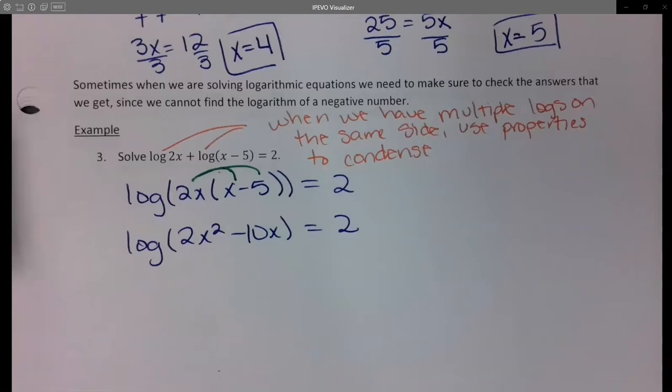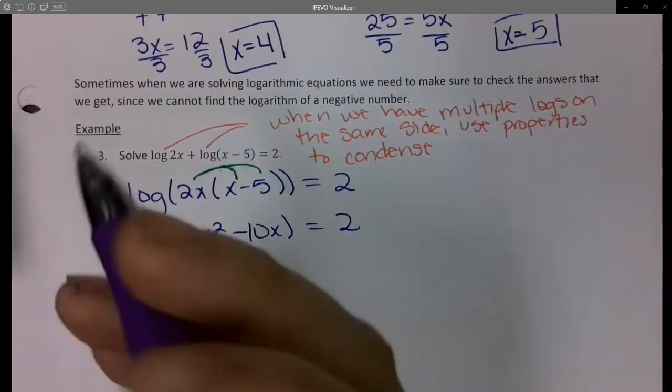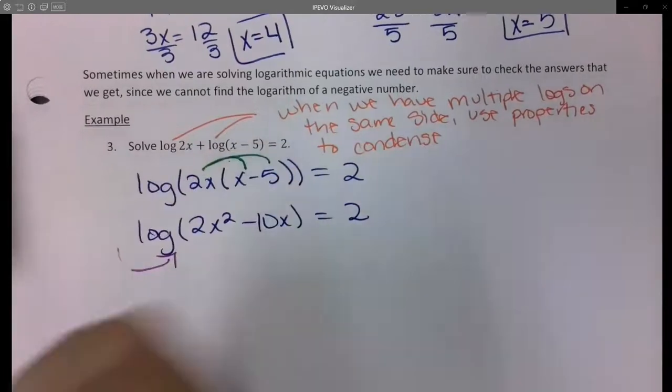Then I want to go ahead and just like I did in number 2, where I turned the logarithm into an exponential function, I want to do the same thing here. Notice I don't have a little tiny number. Remember, when there's no number, it's assumed to be 10.